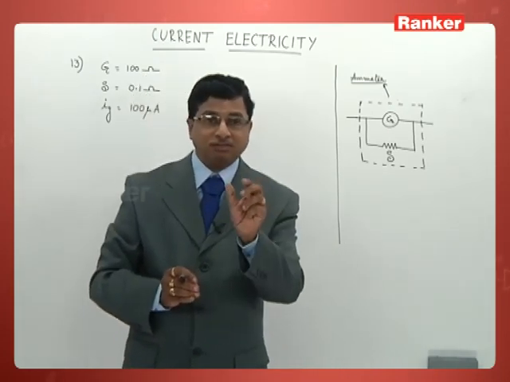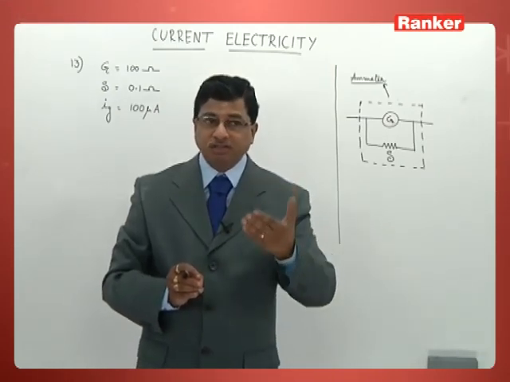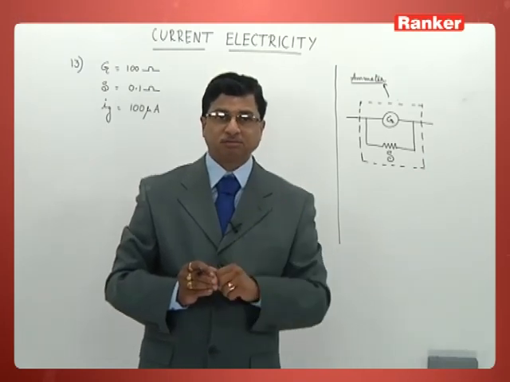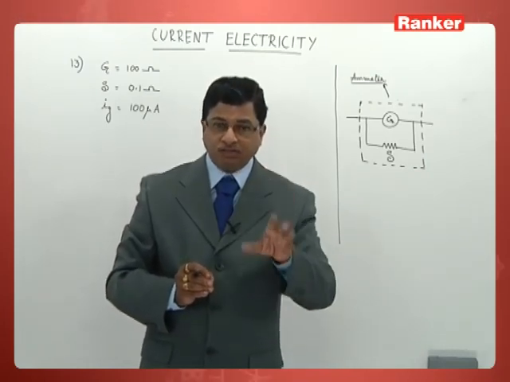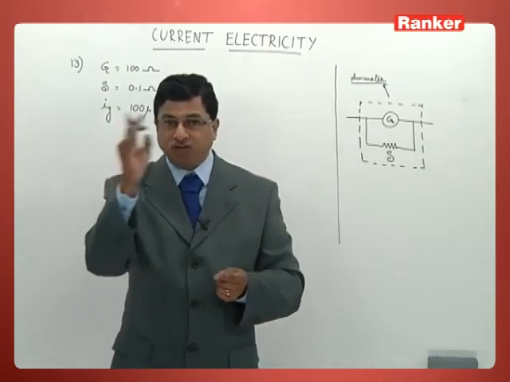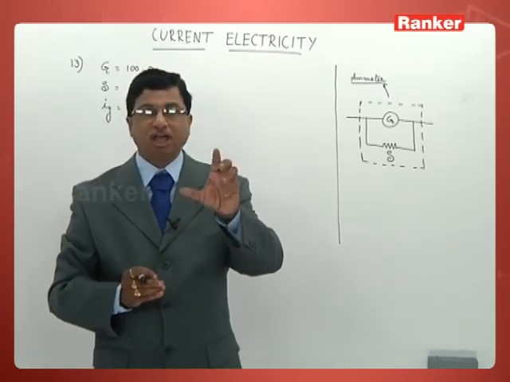Small in the sense not in size, but in its magnitude. The resistance value should be very, very less. The lesser the resistance of S, the greater the range you can measure using that ammeter.